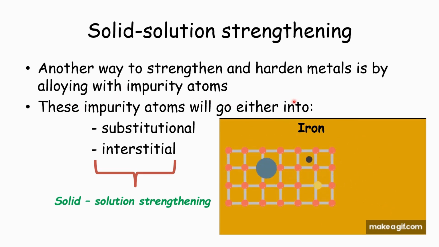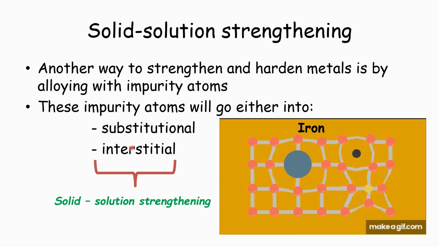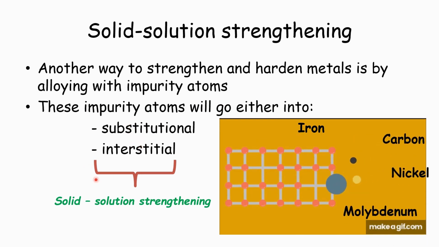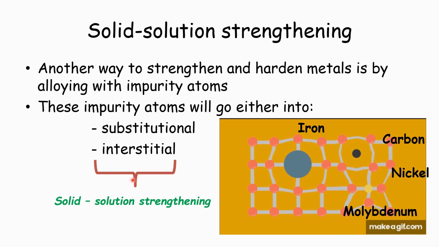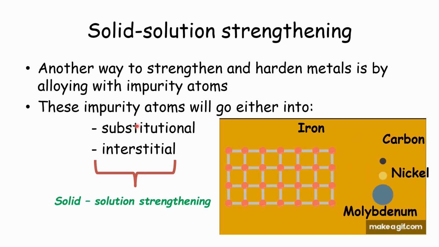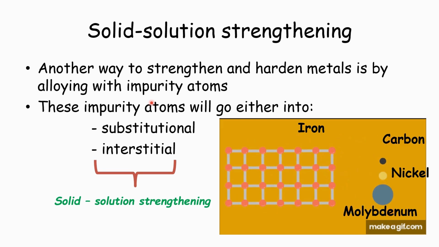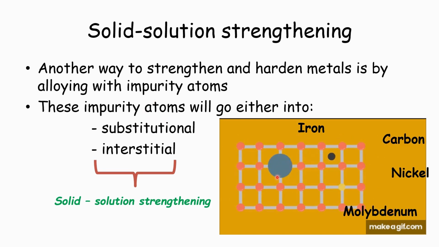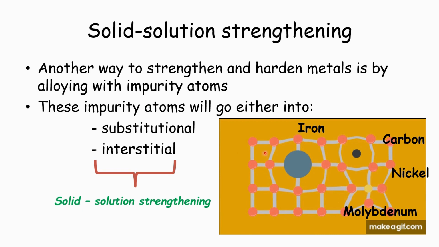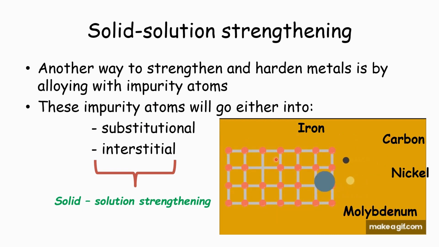What will happen when we add this impurity atom is that it will create a non-uniform lattice structure, and it will generate a local strain field that will interact with dislocations. Right, so solid solution strengthening will increase resistance to dislocation motion.